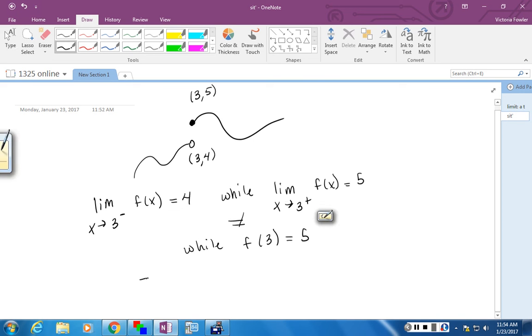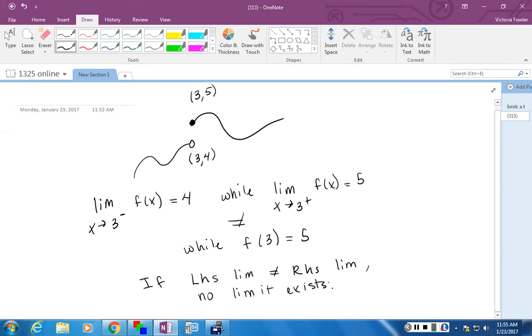So if the left-hand limit does not equal the right-hand limit, no limit exists. You're only going to have a limit that exists if the left-hand limit is the same as the right-hand limit.